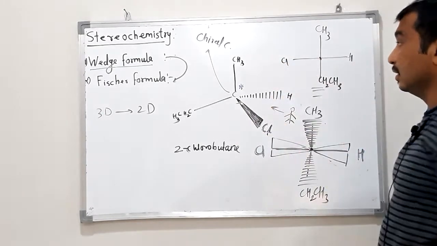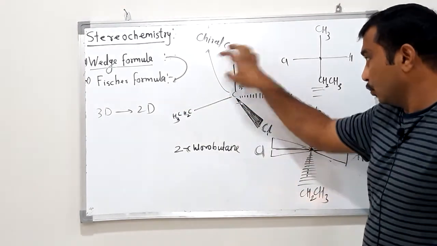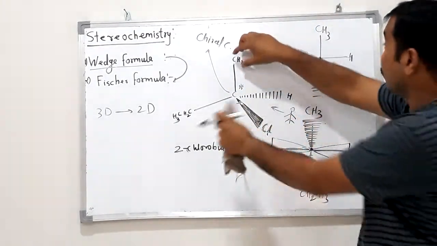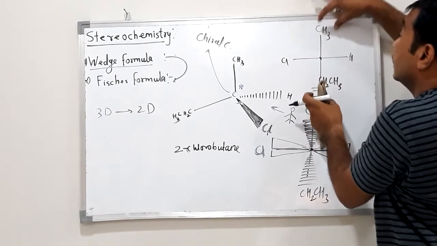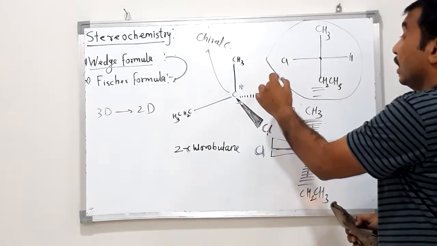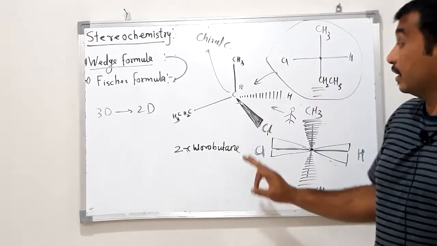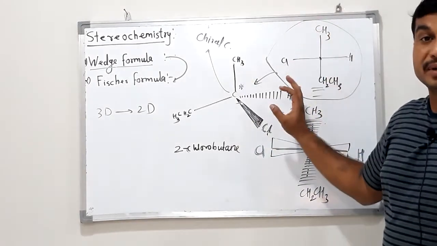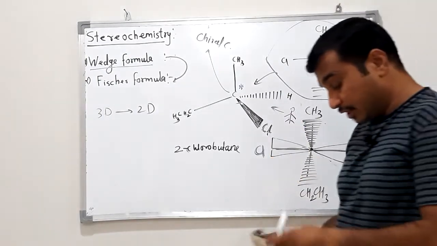The other two, CH3 and CH2CH3, the methyl and ethyl groups, are moving away from the observer, so we attach them to this carbon from the vertical side. So this is the Fischer projection formula. In this way we can convert a 3-dimensional structure into a 2-dimensional structure. Clear? Again, one more example.